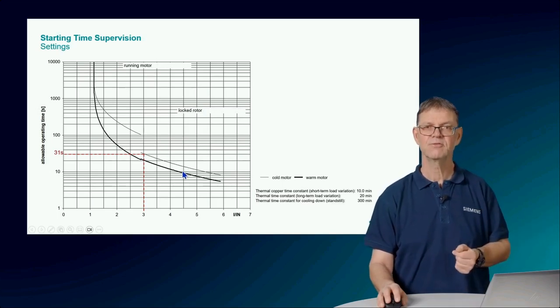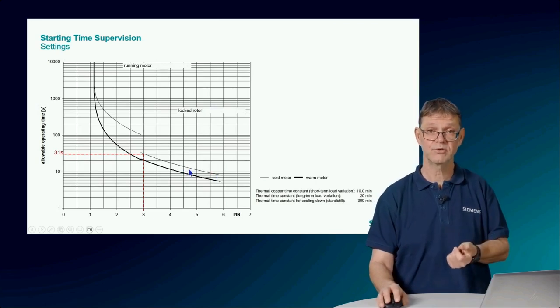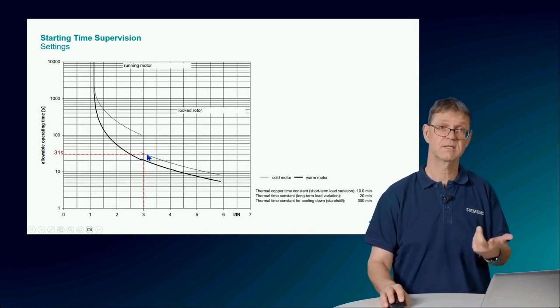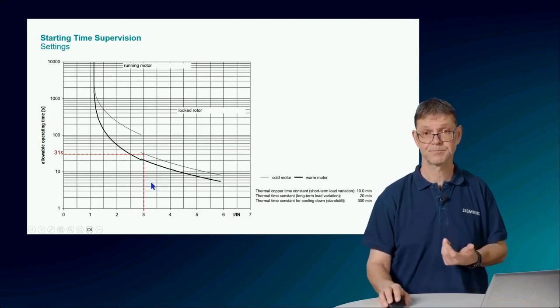Therefore, the idea is I search for a point where the curve really cuts one of these lines so that I get a more precise value, and therefore I have this couple, 3 and 31 seconds.